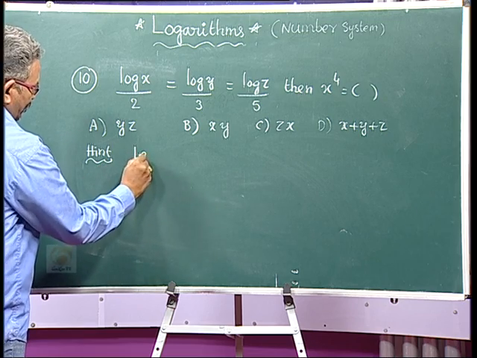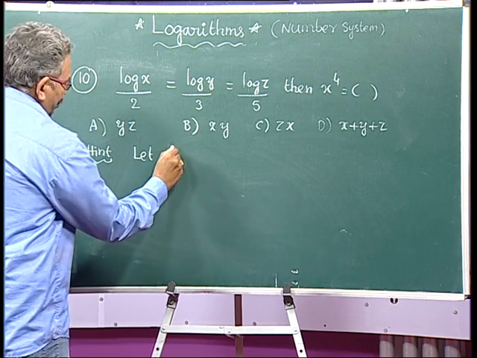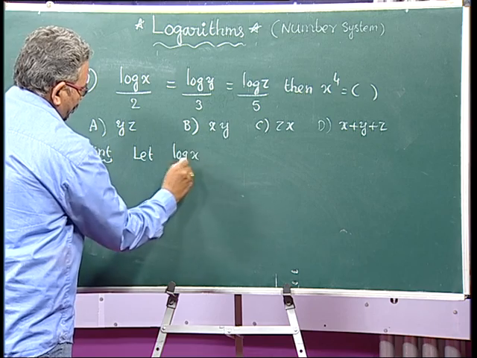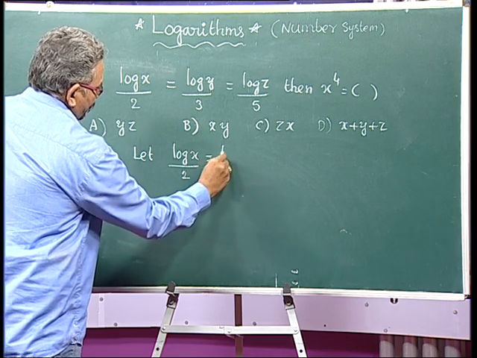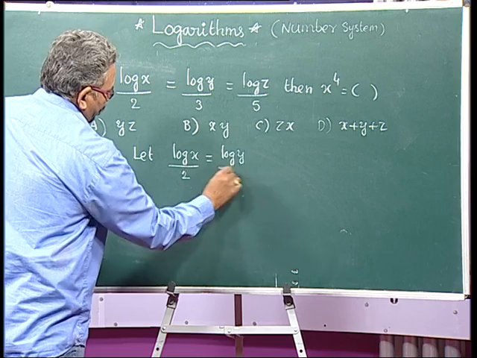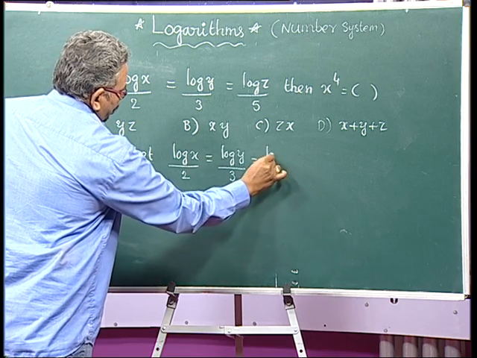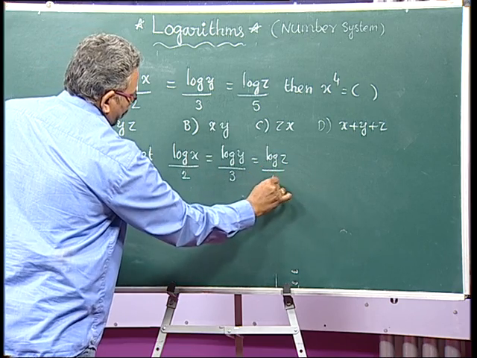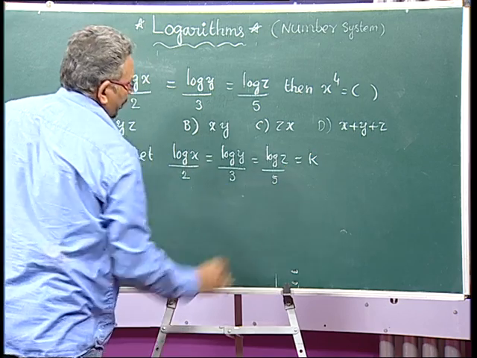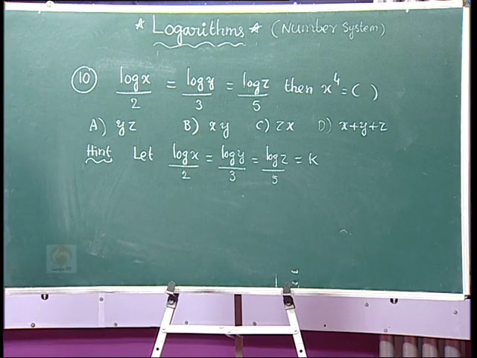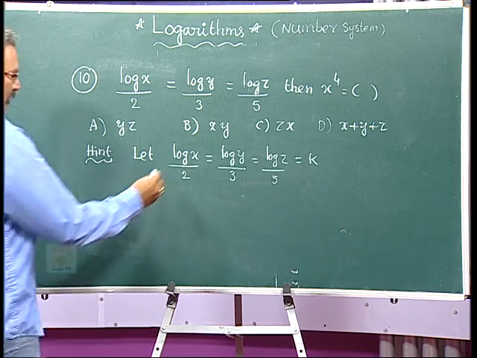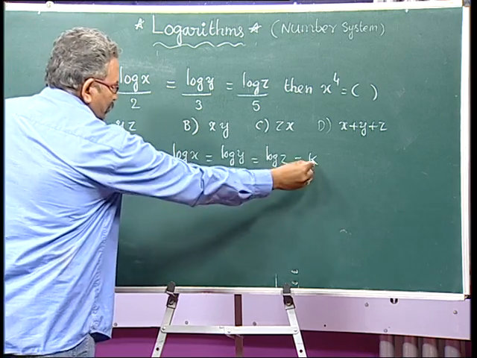First let us assume this log x over 2, log y over 3, log z over 5, as something k, where k does not equal 0. Now, log x becomes 2k.